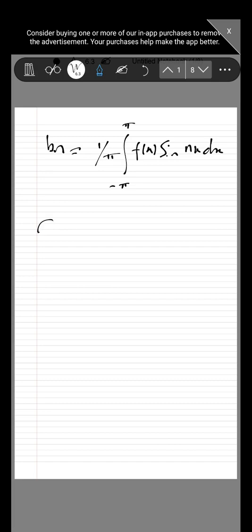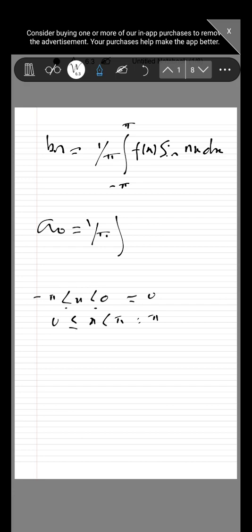So we can write a0 as equal to 1/pi. As we know that the condition is, if it is between minus pi to 0, the function is equal to 0, and if it is between 0 and pi, then the function is equal to pi.